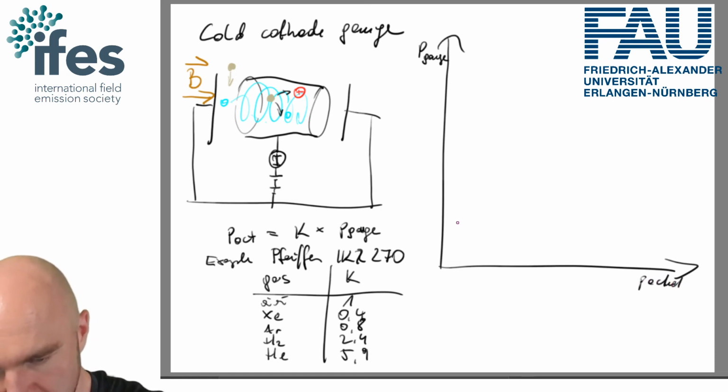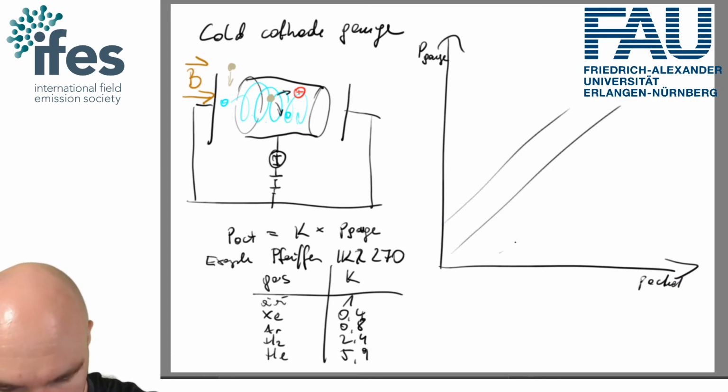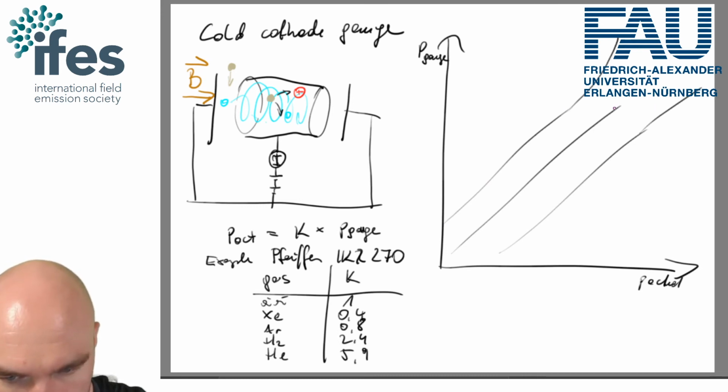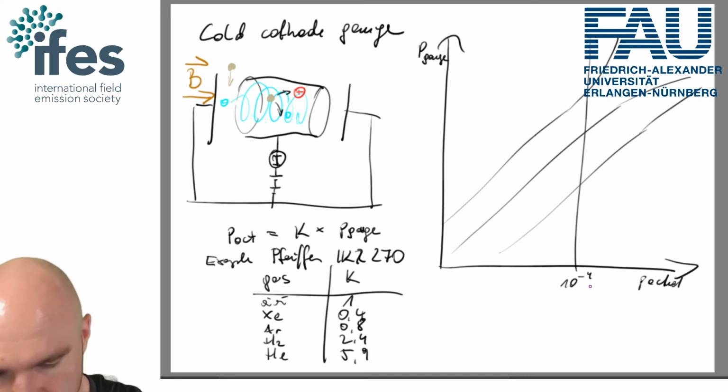And you will see that this factor actually applies at relatively low pressures. At high pressures, you will have deviations from that, and we're talking about 10 to the minus 4 and up.